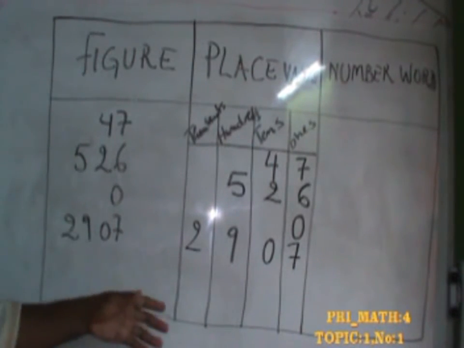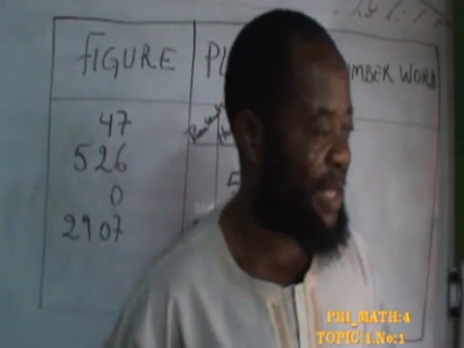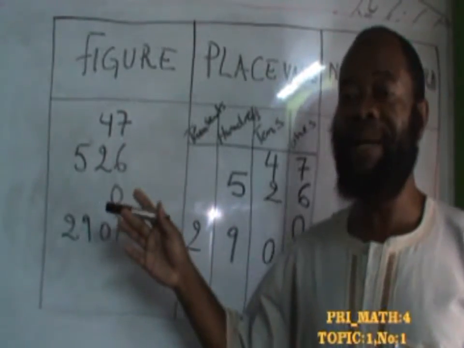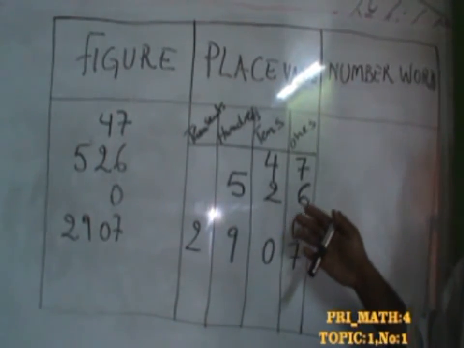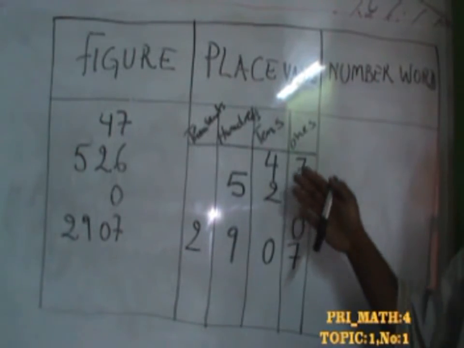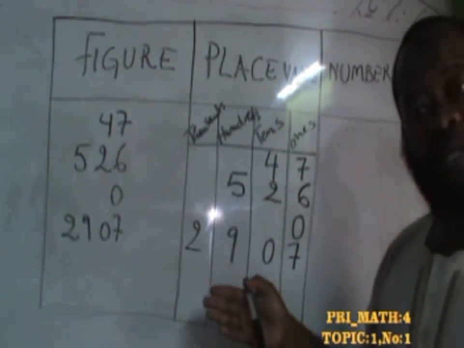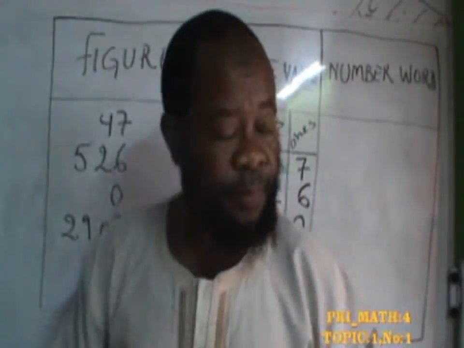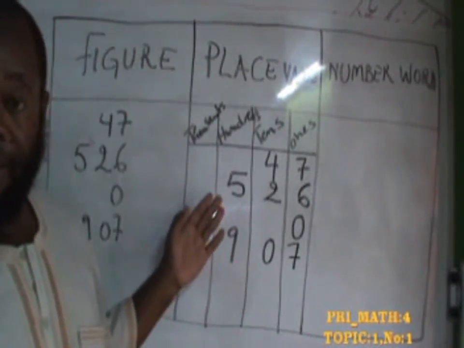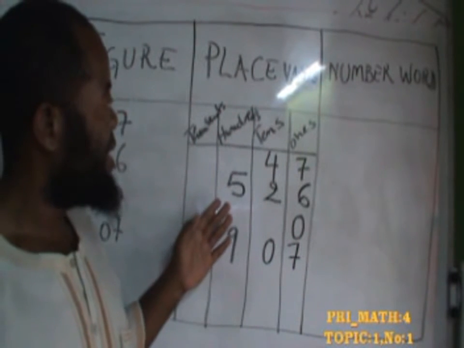By this, we have already represented our numbers in place value, which we call tray representation.